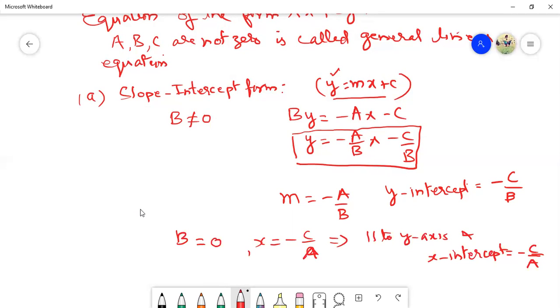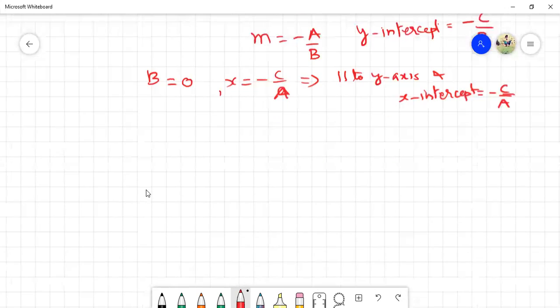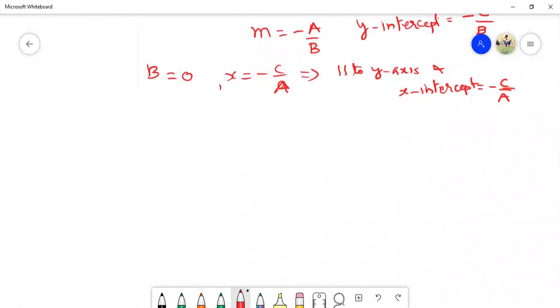Second, we can reduce it into intercept form. What is intercept form?